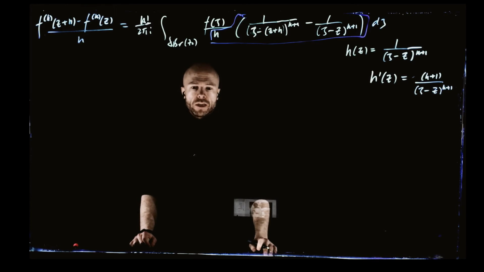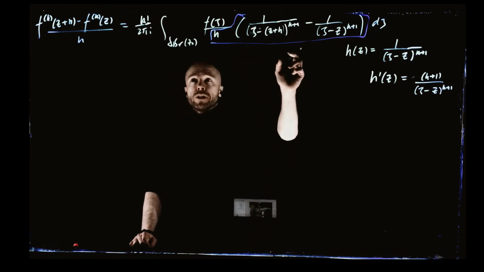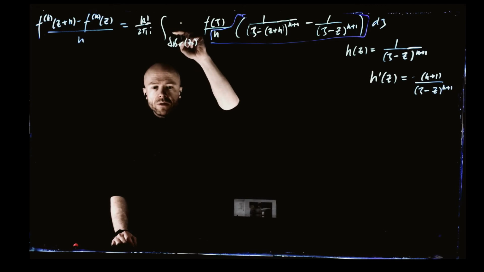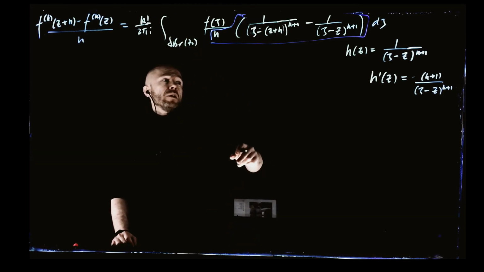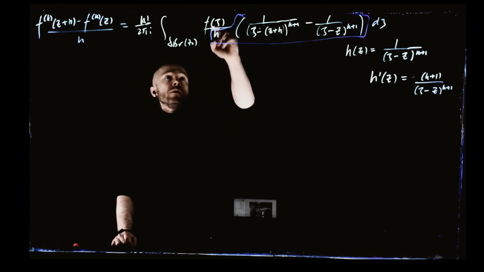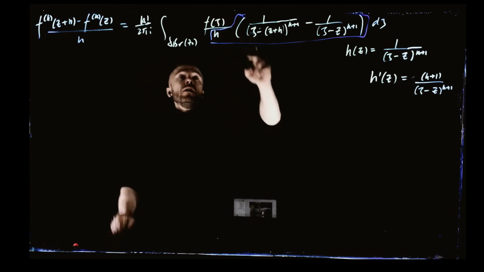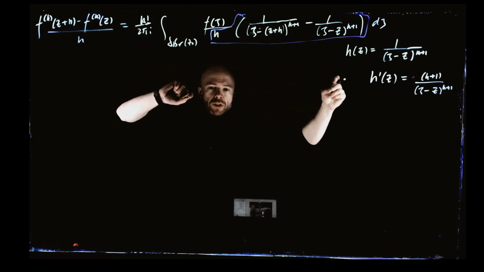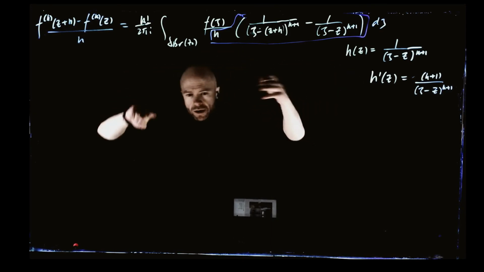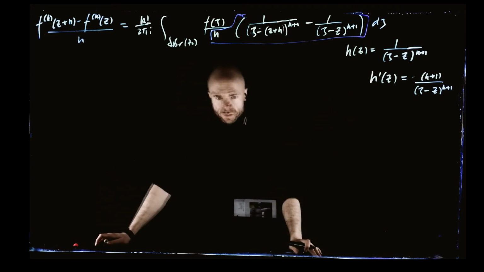Because this k plus 1 would go over here, and we would have k plus 1 factorial. And then instead of integrating f of zeta over zeta minus z to the k plus 1, it's now over k plus 2. So it would be exactly the inductive step that we want.